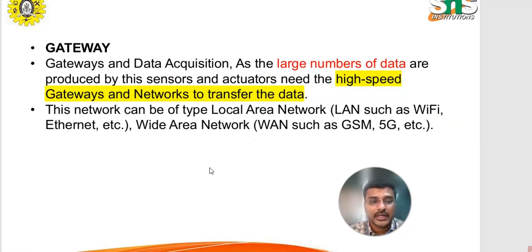Gateway. The gateway and data acquisition: the large amount of data produced by these sensors and actuators needs high-speed gateways to transfer the data. This network can be a local area network such as Wi-Fi, Ethernet, or a wide area network around the surroundings.